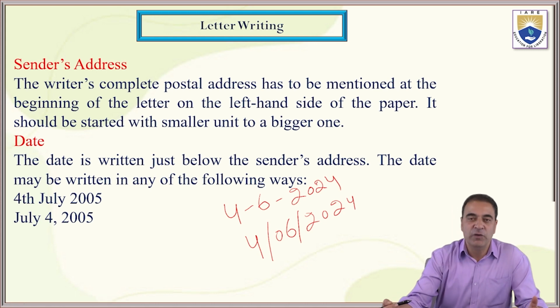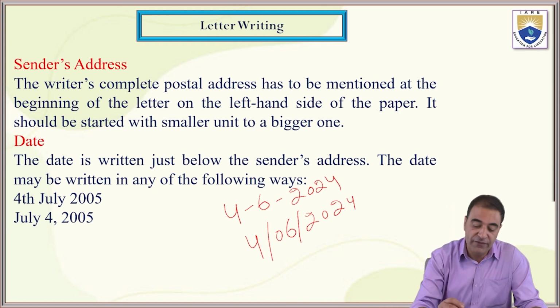It's not a good way of writing the date, because the recipient will be confused if you write the date like 4 6 2024. It's not explicit whether the 4 is the day or the month.